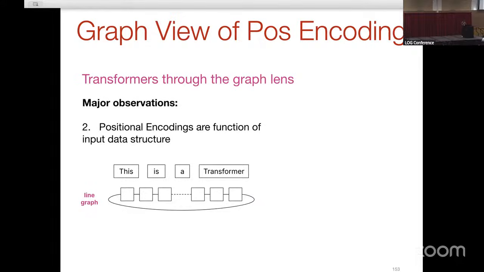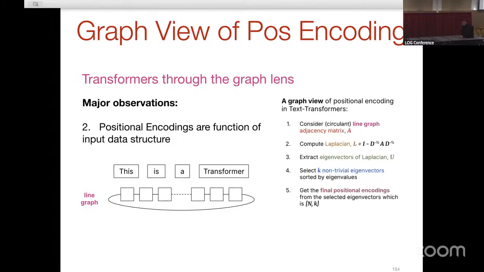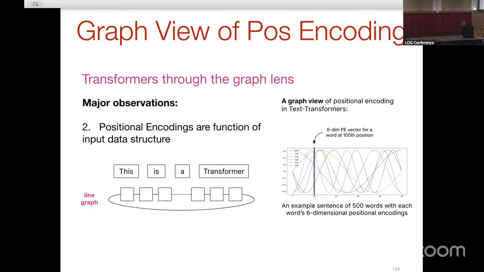The original transformer applied on sequences has an implicit line graph. If we apply graph positional encoding functions on this line graph, we can reconstruct the original positional encodings used in transformers. So this is just a recap of the graph perspective on the original transformer.